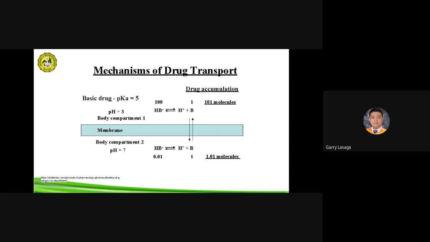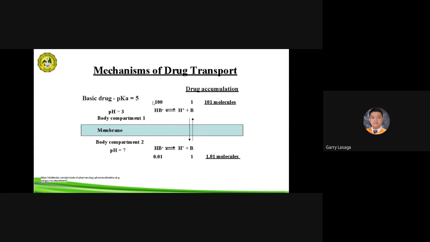Pag pH ng compartment ay 2, ilan kaya yung magiging value ng ating HB plus at a pKa of 5? So it is 1,000. Tama yun, no? 1,000. So ibig sabihin, when we are going to further decrease the pH of the environment, there will also be an increase in the level of our ionized form of the drug.